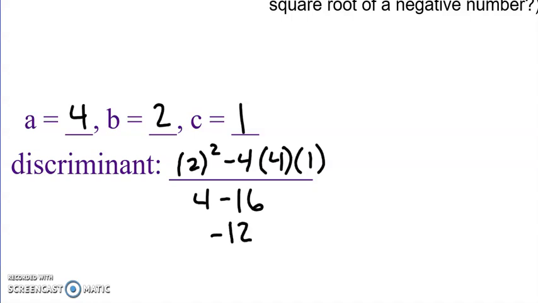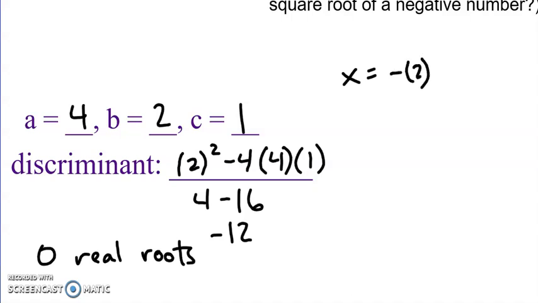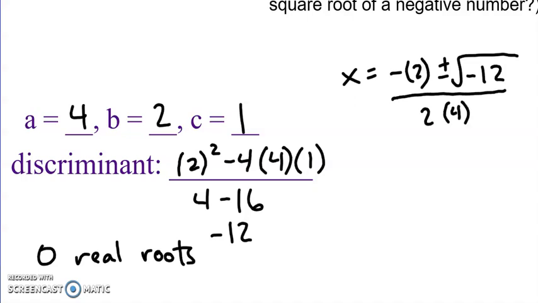All right, so we're going to have 0 real roots. We're still going to have 2 answers, but they're going to be complex. Okay. So x equals negative b plus or minus the square root of our discriminant, negative 12, divided by 2 times our a value.